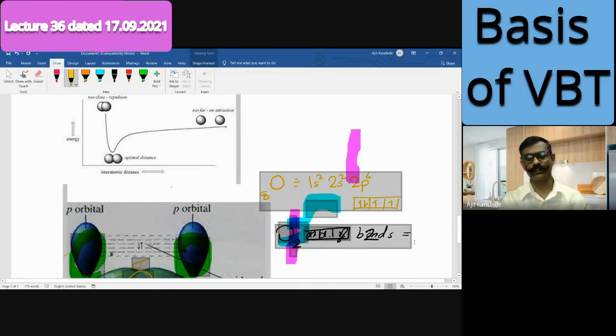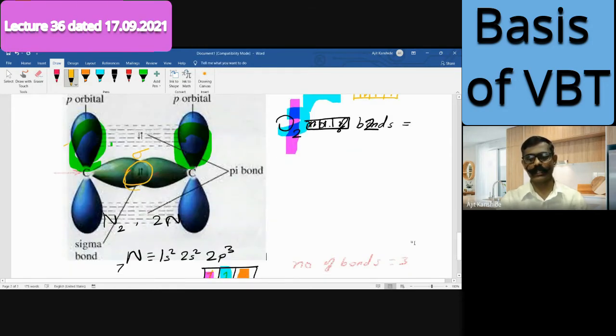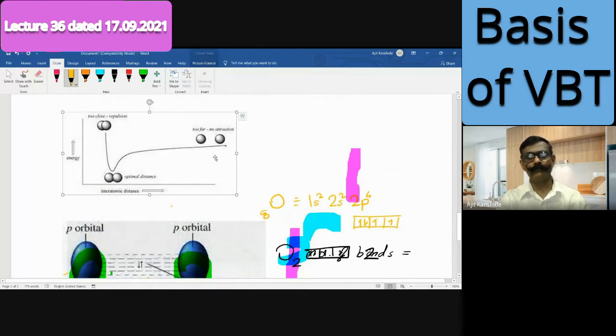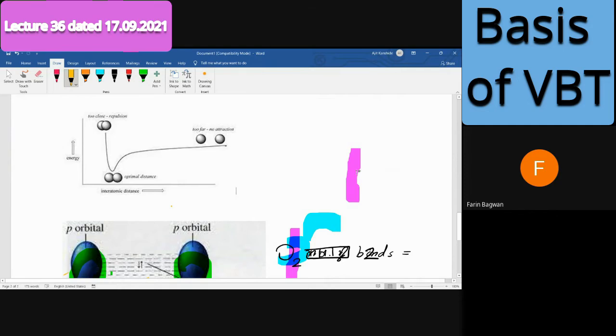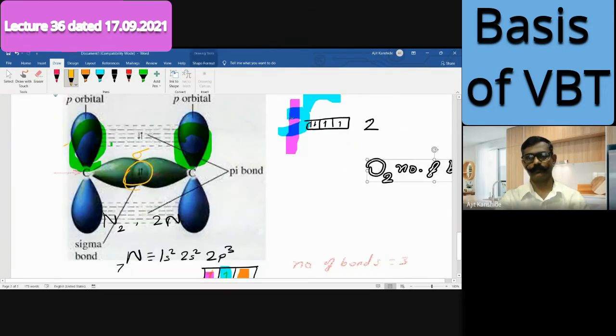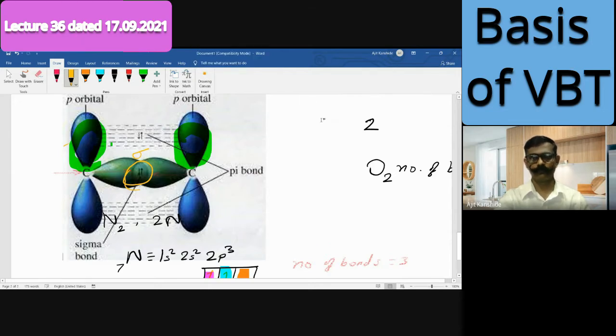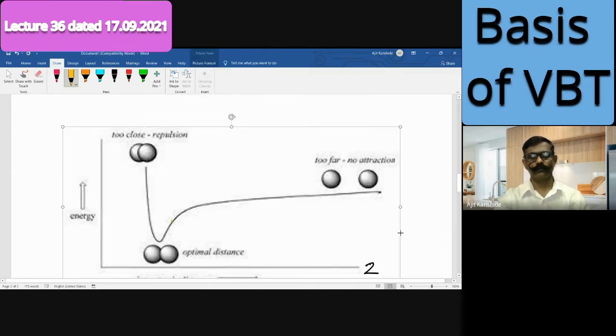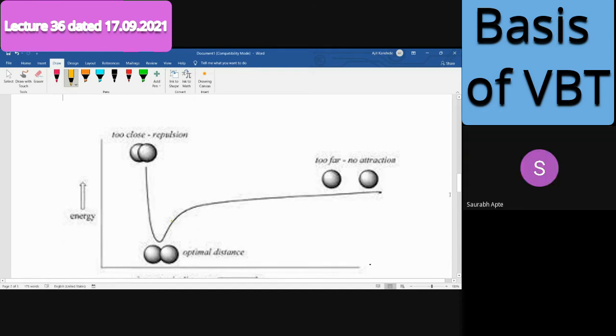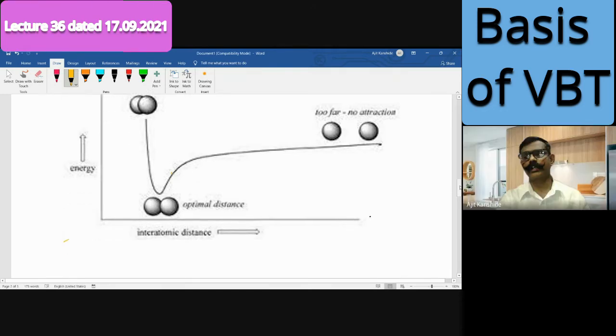Could you pay attention to that energy level diagram, or shall I magnify it? Magnify. Okay, I'll do that. Could you read now? Yes, sir. Only the curve you should see.